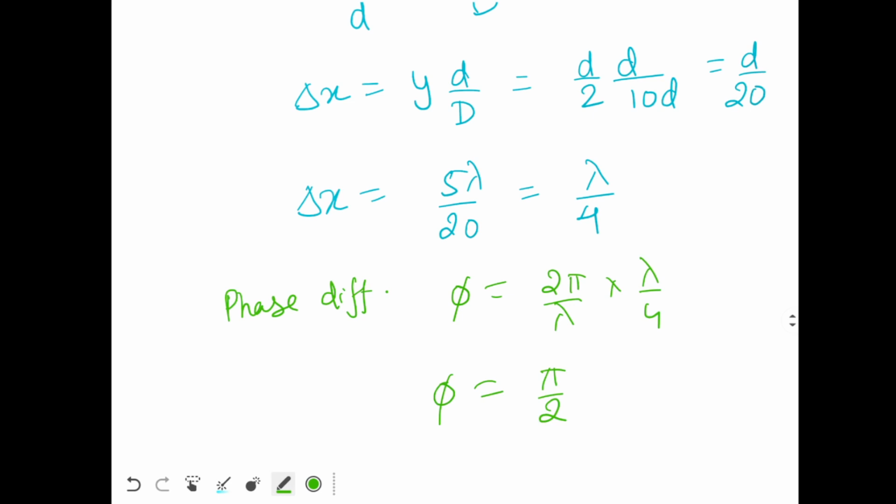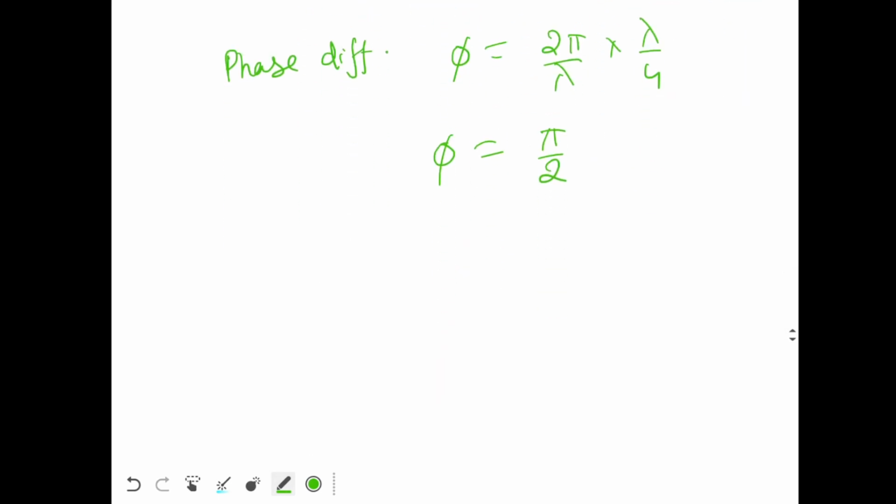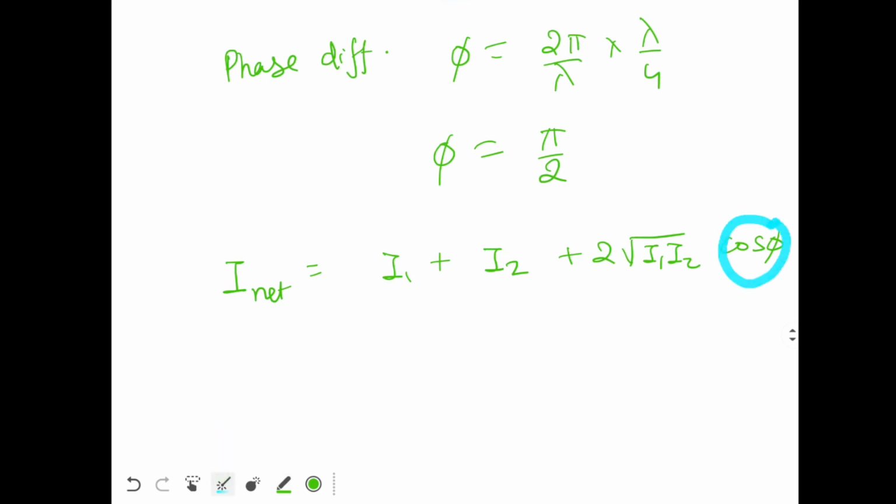Okay, now we use the formula for intensity. So net intensity is what? I1 plus I2 plus 2 root I1 I2 cos phi. So cos phi means cos of pi by 2. Cos pi by 2 is 0. So I net in this case will be equal to I1 plus I2.